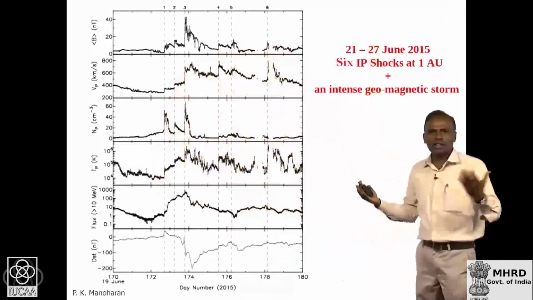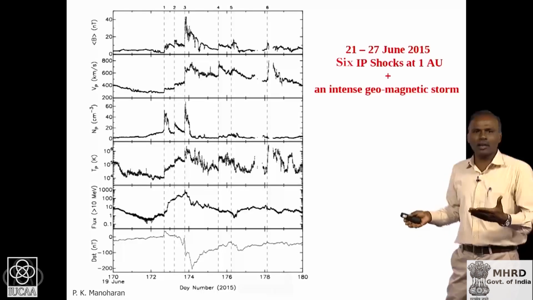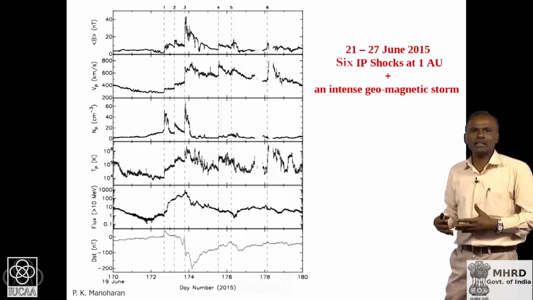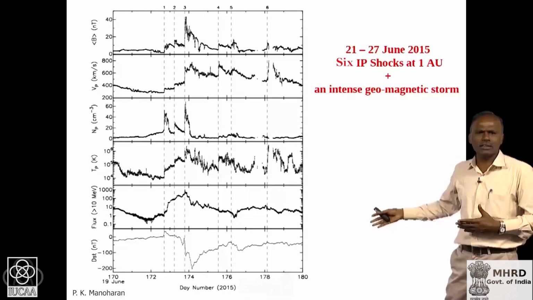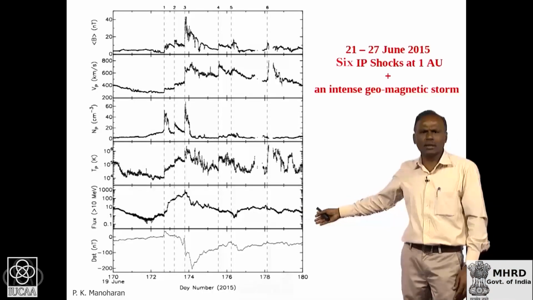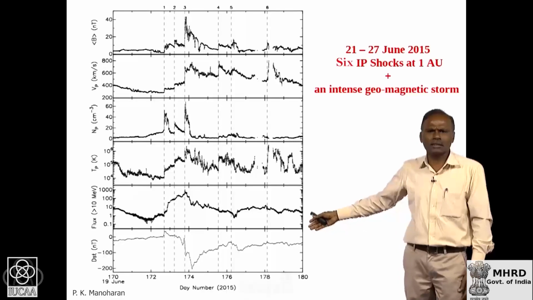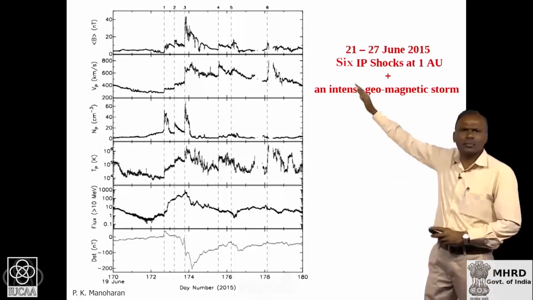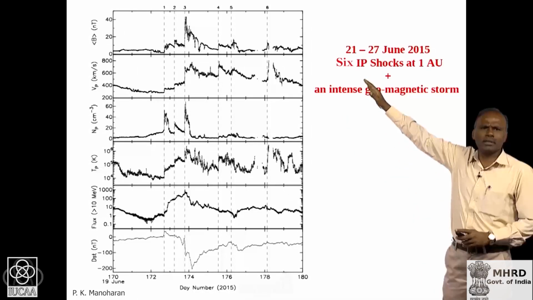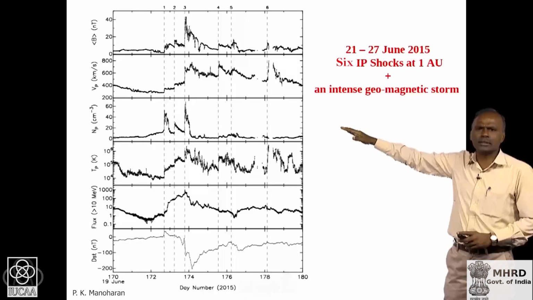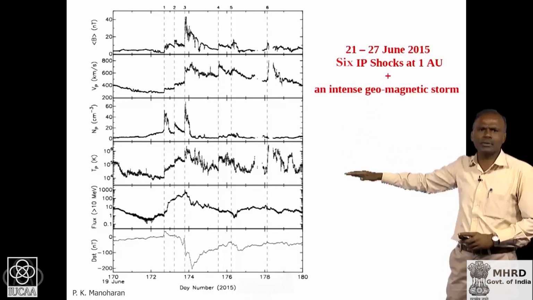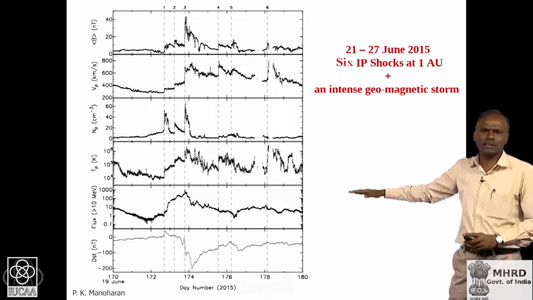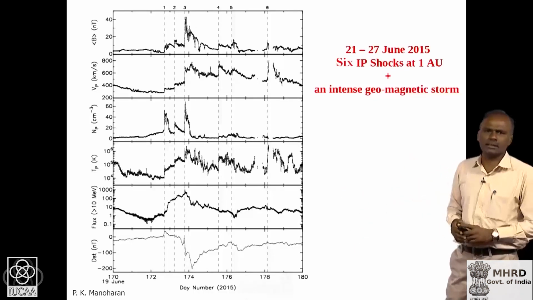Okay, this shows the typical properties of the solar wind associated with the transient as a function of day number. This is for 2015 even. This gives us something like a 10-day period, and then magnetic field, interplanetary magnetic field, and then speed, density, temperature, and 10 MeV proton flux, and then DST index actually.